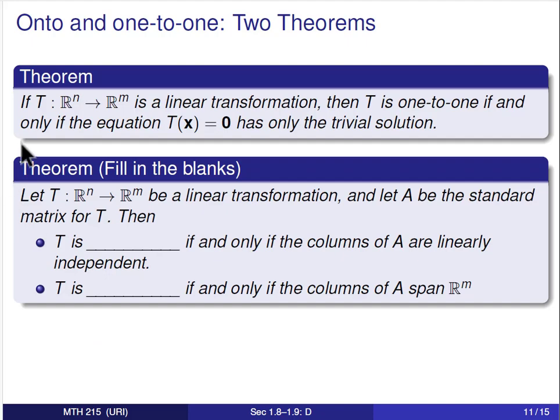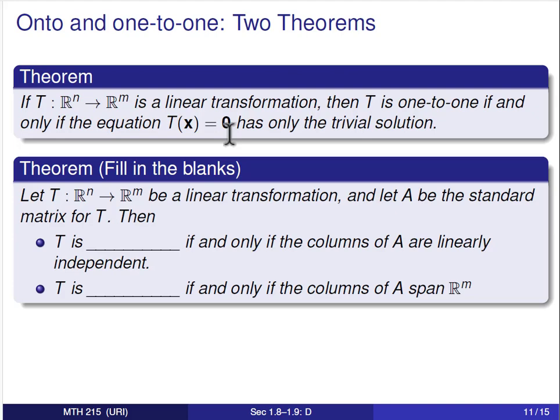Now, we're going to talk first about one-to-one functions. We'll say that a function T is one-to-one if and only if, and this is assuming T is a linear transformation, the linear transformation equation T of x equals 0 has only the trivial solution.